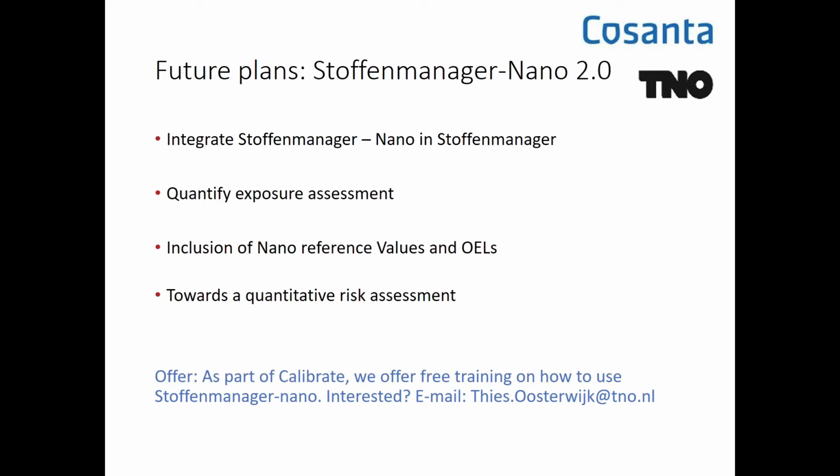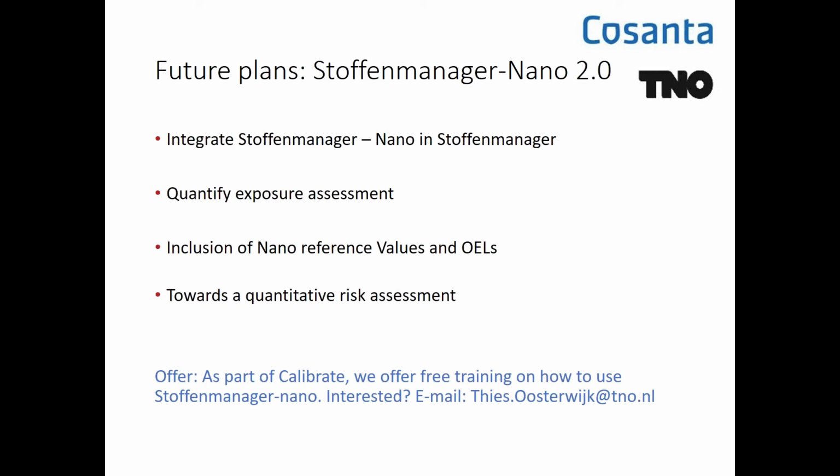So what are the future plans? Well, of course, a new version of Stoffenmanager Nano. We think that the data are not good enough yet to use Stoffenmanager Nano version 1 appropriately. The discriminating power is too little. So what we are going to do is integrate Stoffenmanager Nano completely in Stoffenmanager. So Stoffenmanager is version 7, Stoffenmanager Nano is version 1. Stoffenmanager has much more functionalities that are useful for industry.